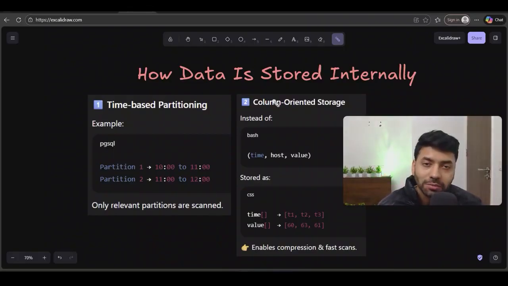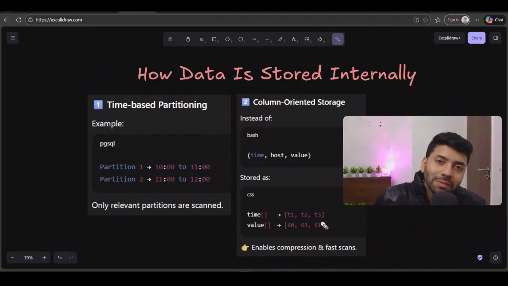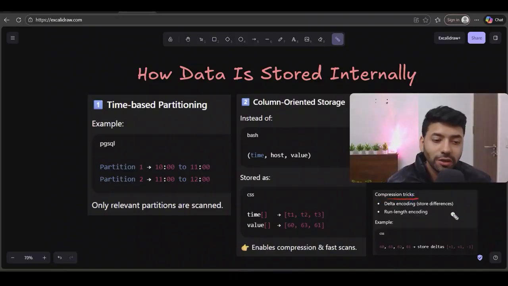Another point related to time series database is that it enables compression as well, because in time series database you have ordered timestamp and similar kind of values. So it uses compression tricks like delta encoding, which stores the differences only, or run length encoding. Based on that it compresses the data. For example, the data was 60, 61, 62, 61.